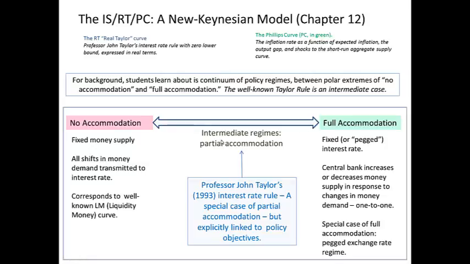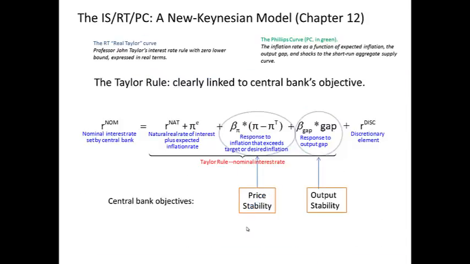But we're going to be focusing on an intermediate regime, and that's going to be Professor John Taylor's interest rate rule, and this is a special case of partial accommodation, and the key thing about this special case is that it is explicitly linked to policy objectives. Now, we often think of the central bank's objectives as twofold. First is to stabilize the price level.